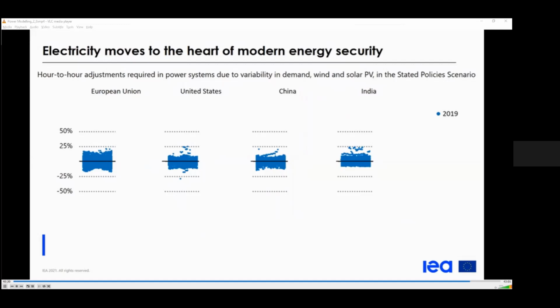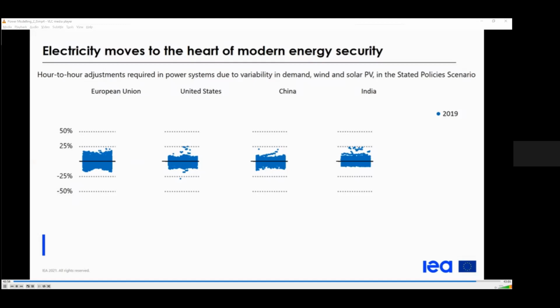Each dot represents an hour of the year. For example, across the entire European Union, a very large upward change in dispatchable output from 1 hour to the next was needed, about 20%. This happened when demand was rising and both solar and wind power were declining.